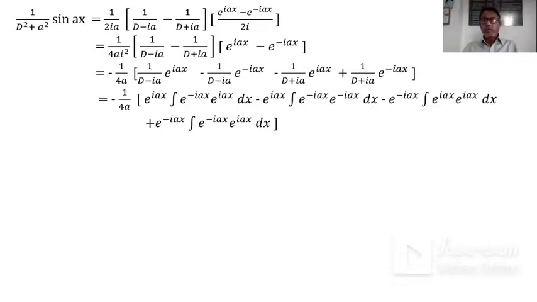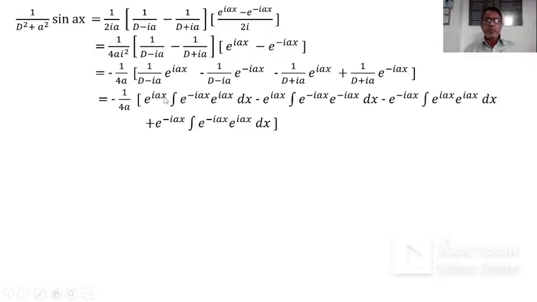1 upon D minus a operate on Q of x is equal to e to the power ax integration of e to the power minus ax into Q of x dx. Using that result, we get this as it is minus 1 upon 4a.